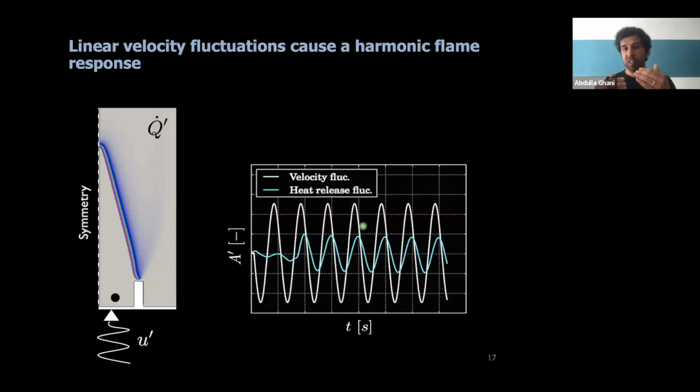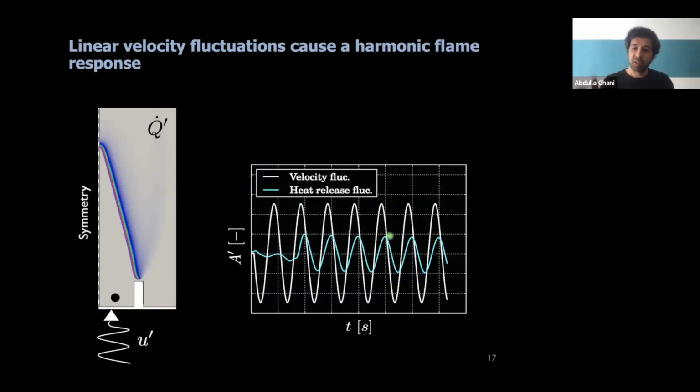So it's first the velocity and then the heat release rate fluctuation responding to the excitation. The second point is that we're not only having differences in time, but also differences in amplitude. The amplitude that we have injected is, let's say, a number, and then the flame responds at half of this number.